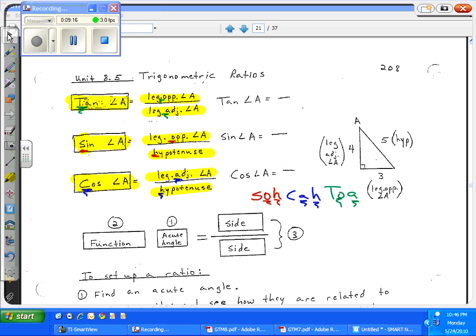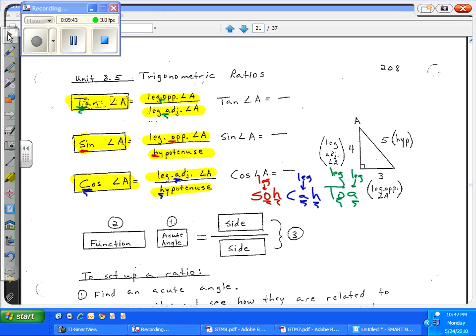Now, what I don't want you to say is just opposite hypotenuse. It's leg opposite over hypotenuse. Cosine is leg adjacent over hypotenuse. Tangent is leg opposite over leg adjacent. Now, why do I say that?